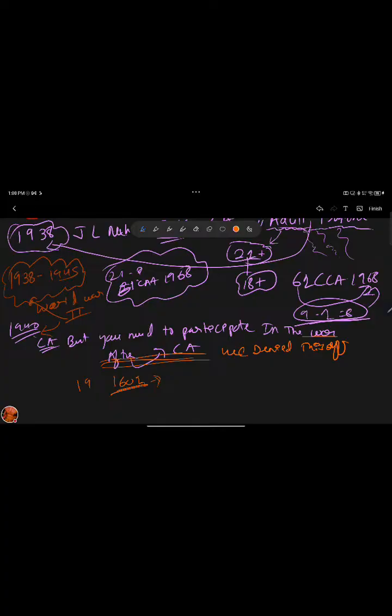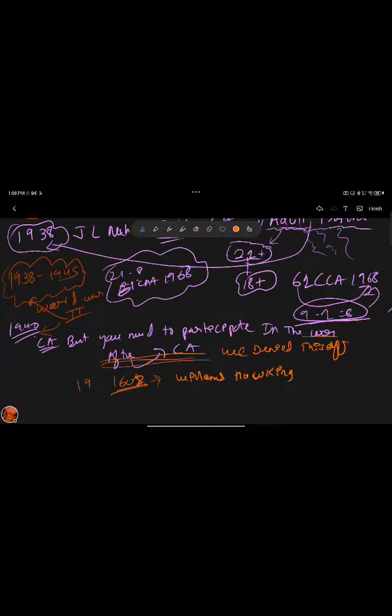So the first Britishers came to India in 1608, and the first Britisher was William Hawkins. William Hawkins came in 1608, and he came into the court of Jahangir.